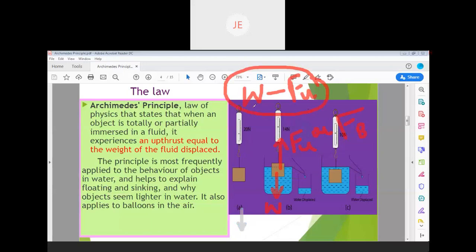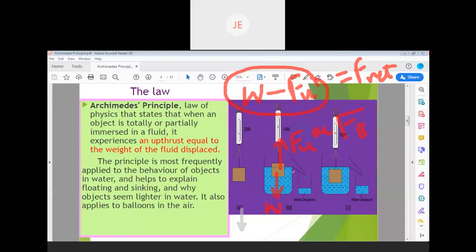There is a decrease in weight that we can observe: W minus F upthrust, because they are acting in opposite directions. This is the net force on the body, and that is what is measured by the spring balance. So 20 Newton is its weight in air, and in fluid it is about 14 Newton.